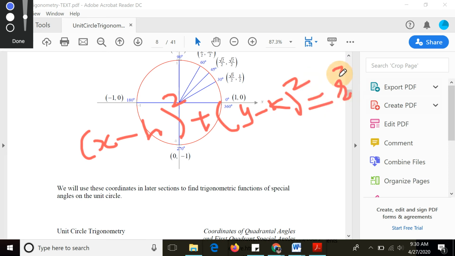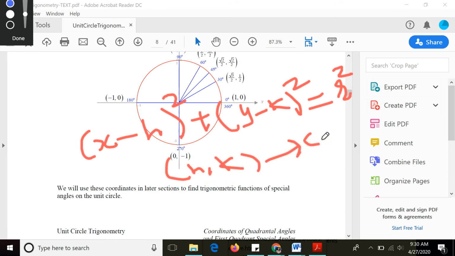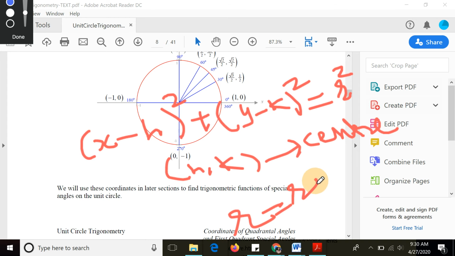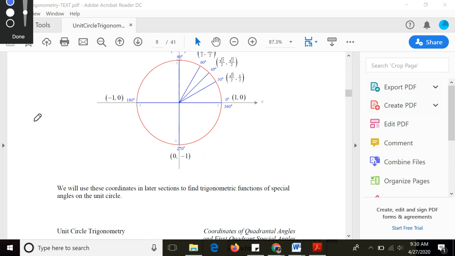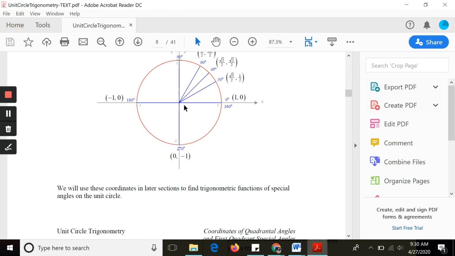They are the center, and r is your radius. We won't need this for this one, but I thought it would be a good idea, especially when you are taking the SAT, you may need this information.